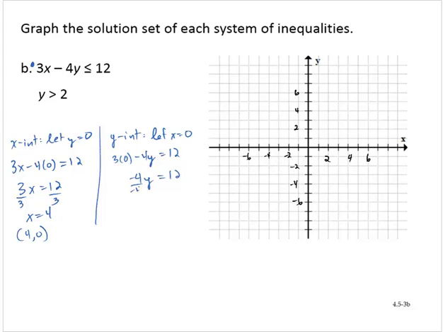Dividing through by negative 4, y equals negative 3. And so we have (0, negative 3). So (4, 0) and (0, negative 3). I will draw the solid line through those points.